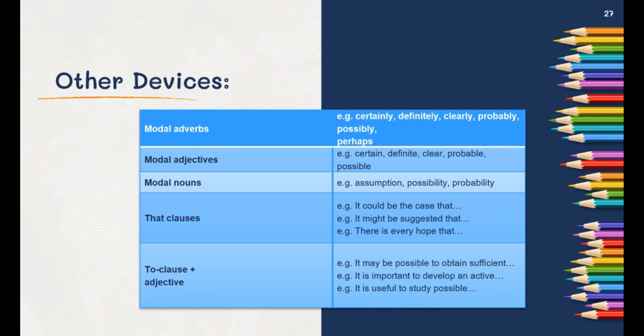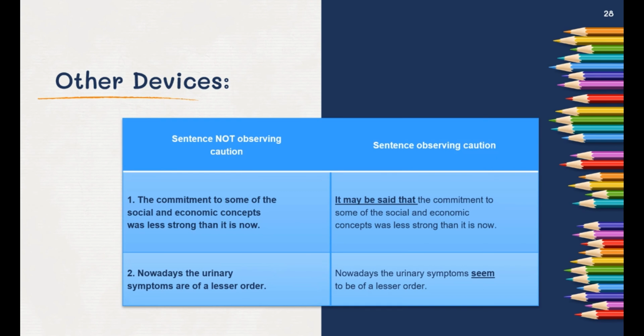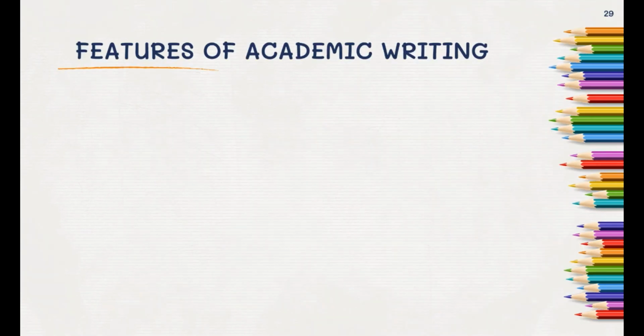That causes: to cause plus adjective. Here are some examples of sentences not observing caution and sentences observing caution. So those are the features of academic writing: formality, objectivity, explicitness, and caution.